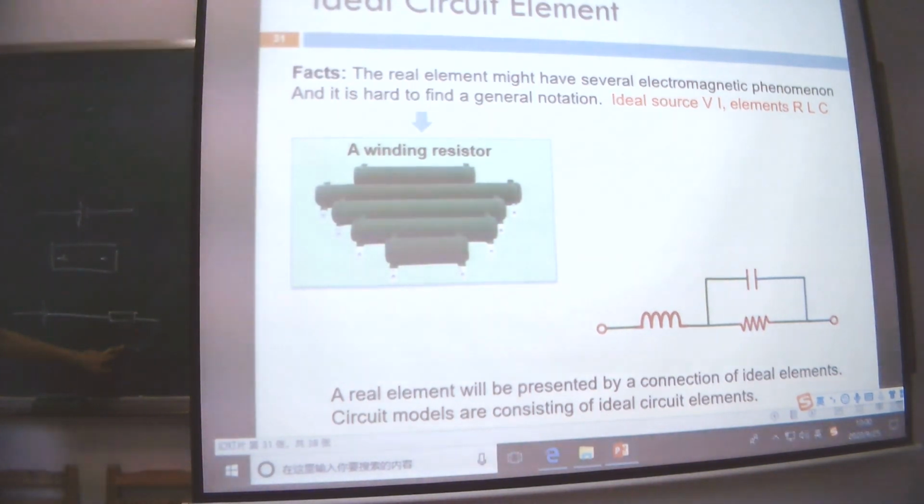The ideal resistor just focuses on the resistance, R. And this one is the ideal one that just focuses on the voltage.